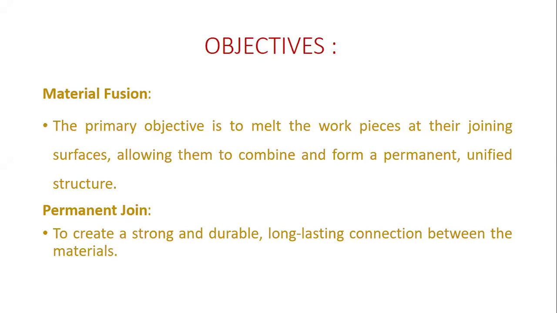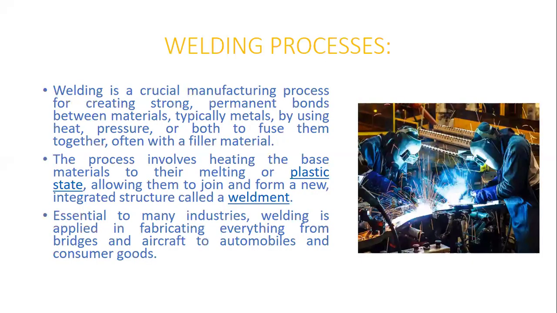This process can be done by material fusion, by adding filler material over the connecting surfaces. The main purpose of welding is to create a stronger and more durable, long-lasting connection between the materials. Thereby welding acts as a permanent joint. With these few key objectives, we will move on to the main subject matter.